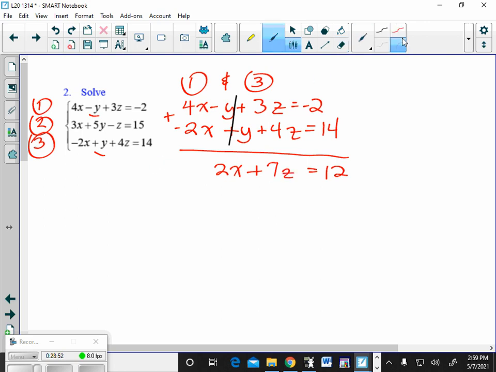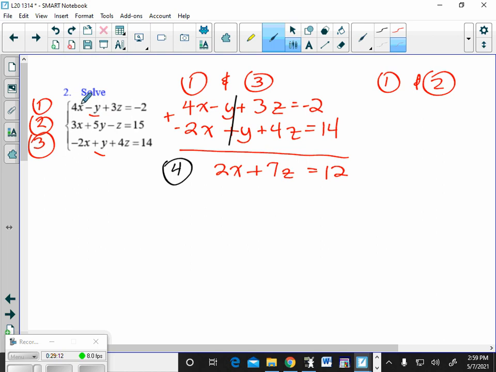And I'm going to call that equation number 4. Now we have to go find another set of equations. I like this minus because we have to eliminate the y. So let's go ahead and use 1 and 2.